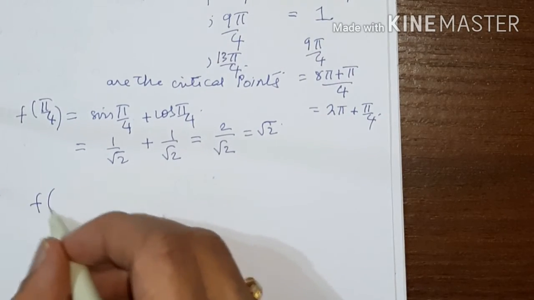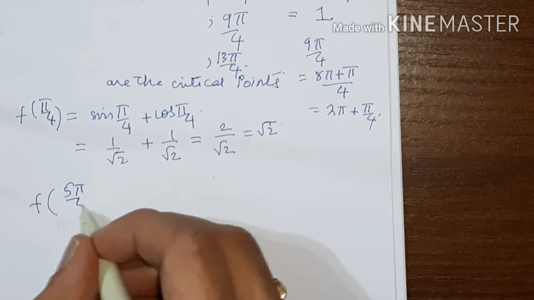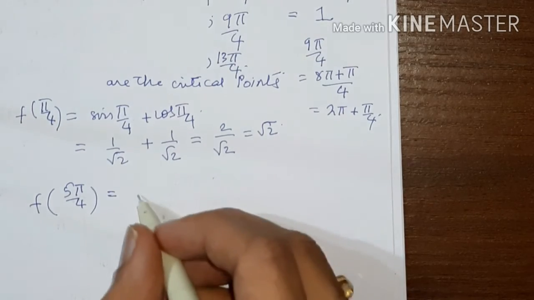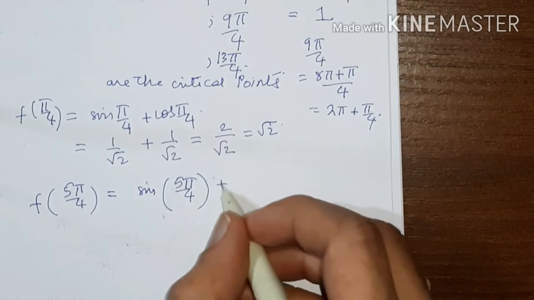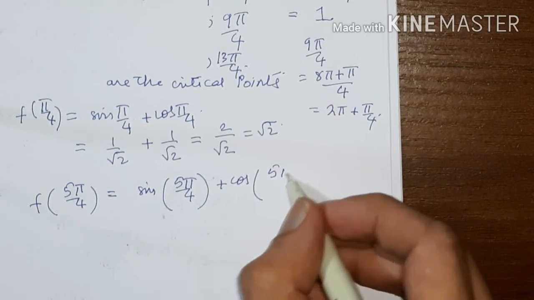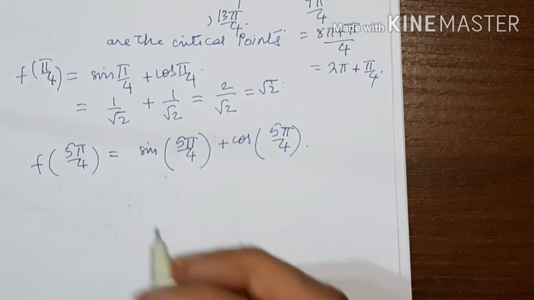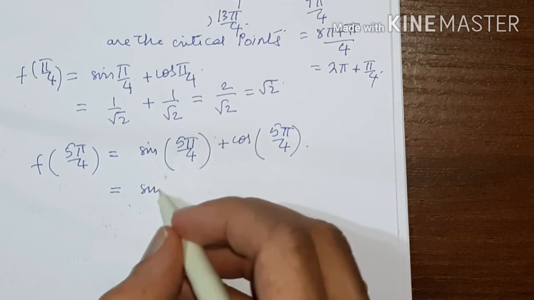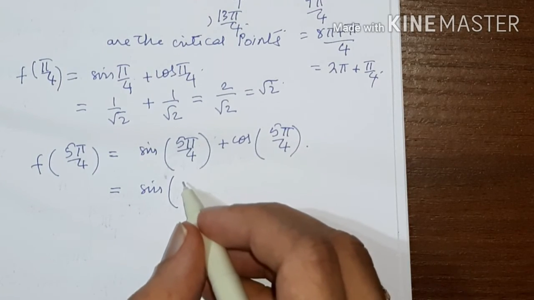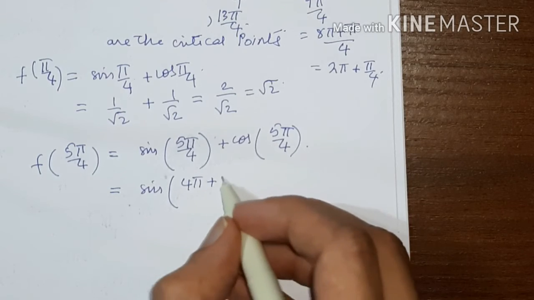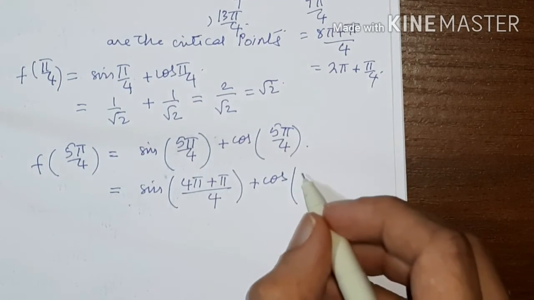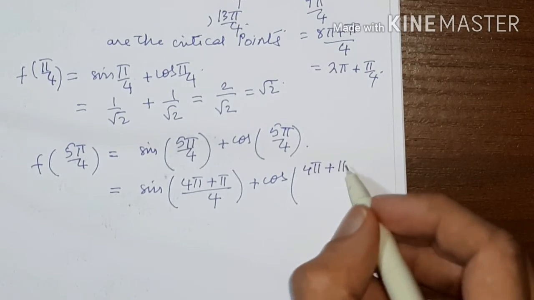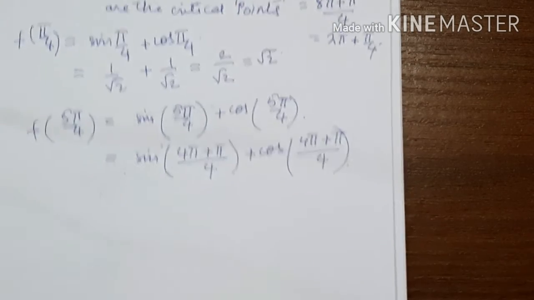So one value got. Now f of 5 pi by 4, what you will get? Sine of 5 pi by 4 plus cos of 5 pi by 4. You can write this as sine of (4 pi plus pi) by 4 plus cos of (4 pi plus pi) by 4.